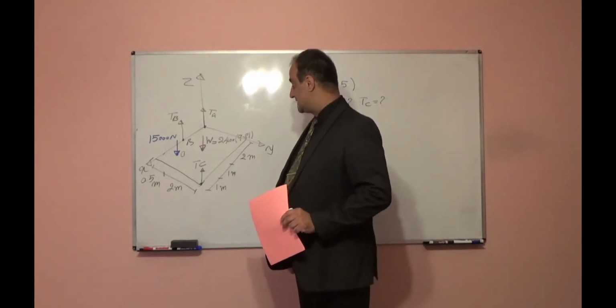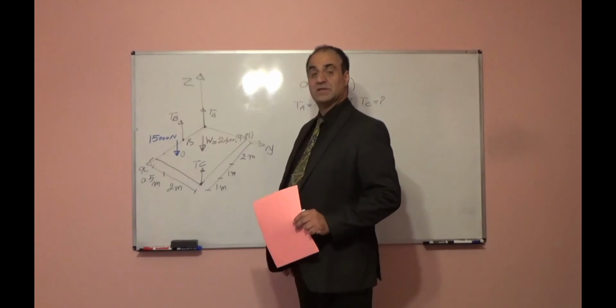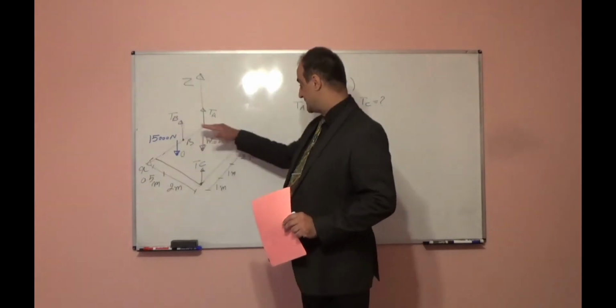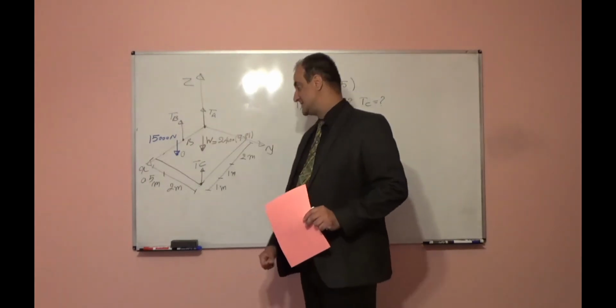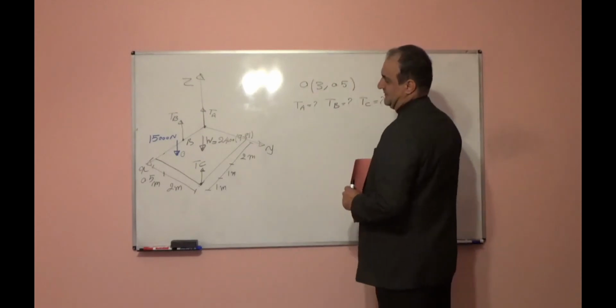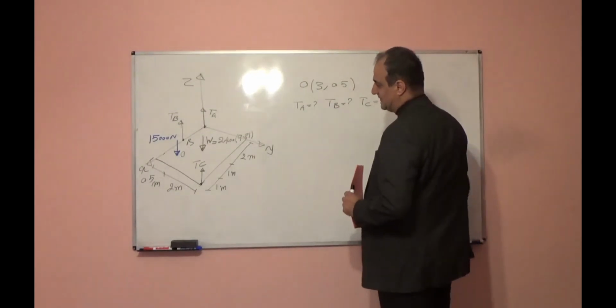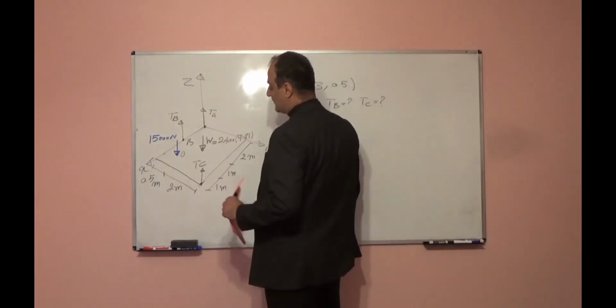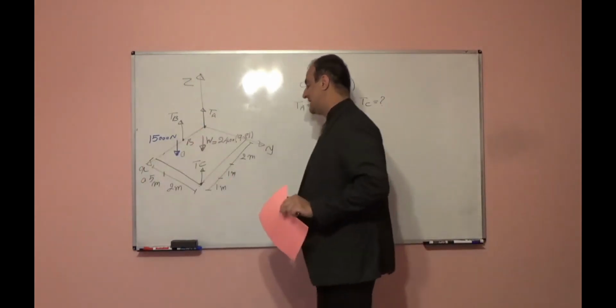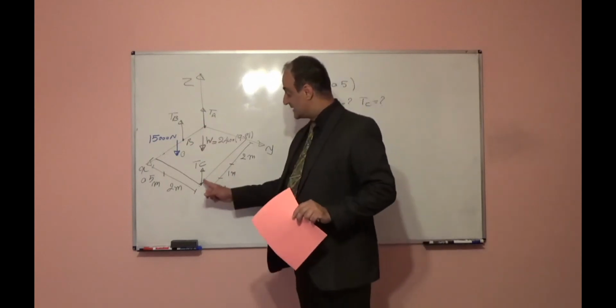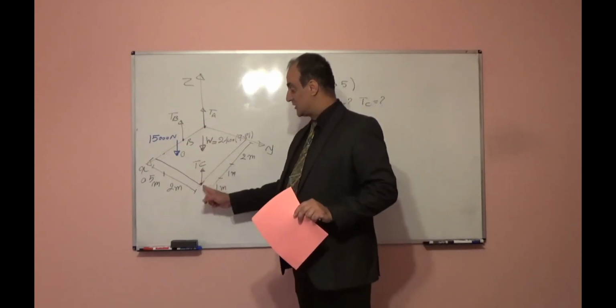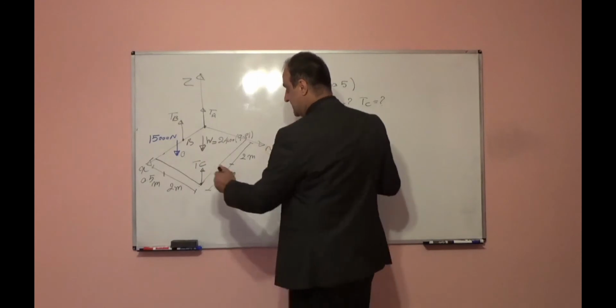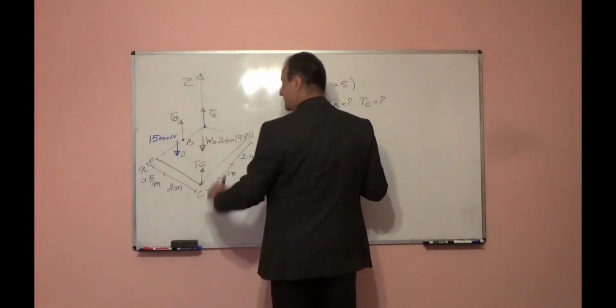So, first I can write equilibrium of moment with respect to the y-axis. Let's see which one is better. It is better I write the equilibrium of moment with respect to the x-axis. In that case, I can find tension at point C, TC.